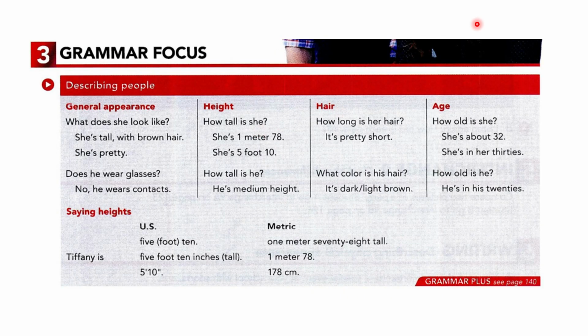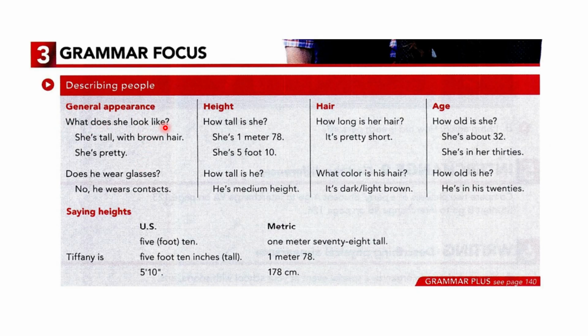Okay, so let me explain this. This is an easy topic, guys, really easy. We're talking about describing people. We studied something like that in the intro book. But now we're going to go into more details about a person's appearance.